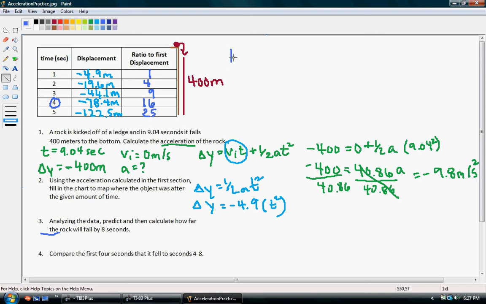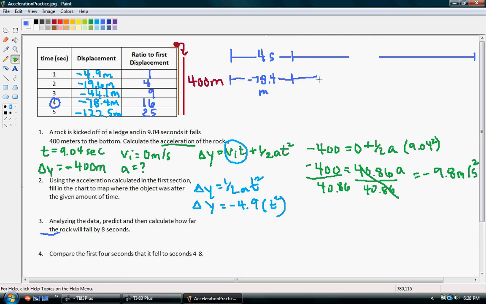So we will write this. It's actually a way to draw it. Represent it this way. So in 4 seconds, it has traveled negative 78.4 meters. And then it will travel 4 times this much.